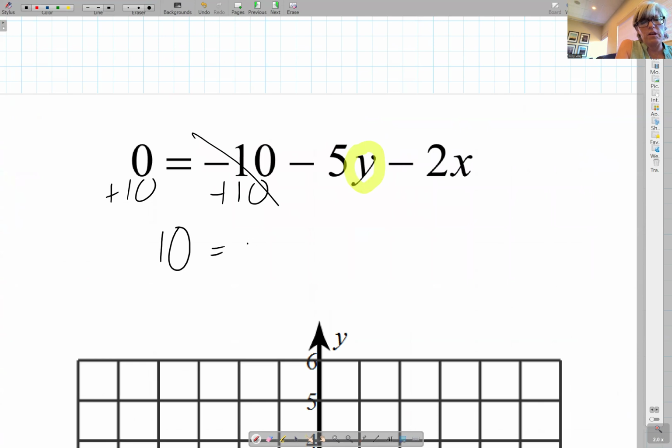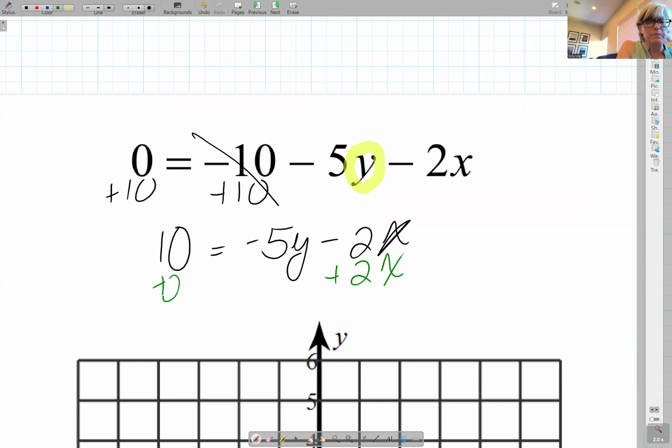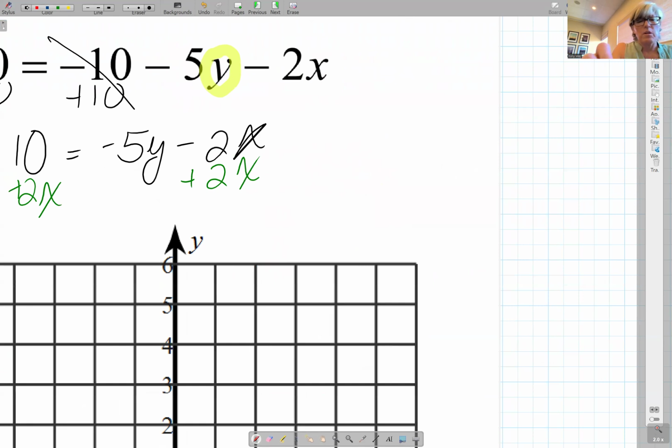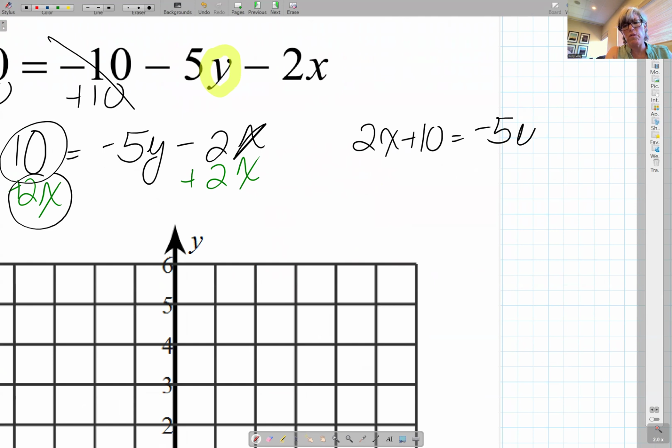Step 10 equals negative 5y minus 2x. And I'm going to move the 2x. Bring it over here to the right. This 2x and that 10, they do not mix and mingle. This is a couple. This is a single. Couples and singles don't mix and mingle. So this is going to read 2x plus 10 equals negative 5y.